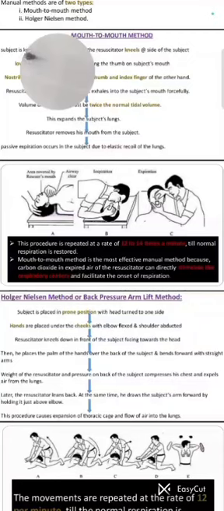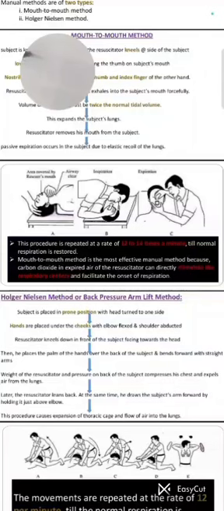The chemoreceptors send impulses to the respiratory centers, which, as I told you before, are located in the medulla as well as the pons in the brainstem. This in turn causes hyperventilation, thereby normal respiration can be restored. So this is the most effective manual method.